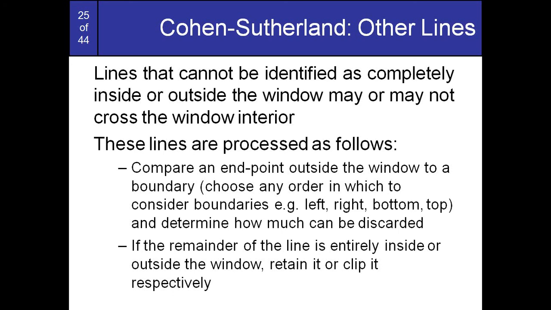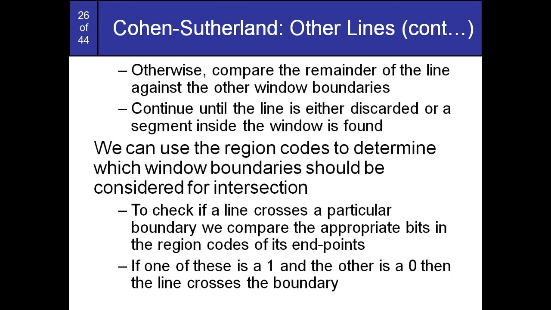Compare an endpoint outside the window to a boundary, and if the remainder of the line is entirely inside or outside the window, then retain it or clip it respectively. Otherwise, we compare the remainder of the line against the other window boundaries. We continue the above steps until the line is either discarded or a segment inside the window is found.